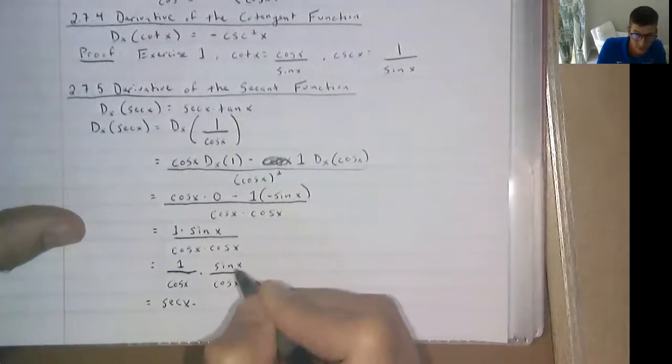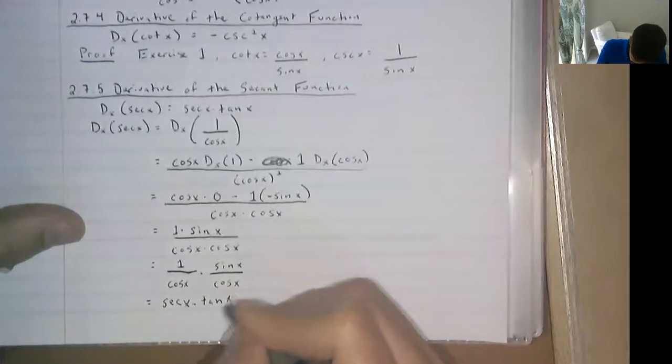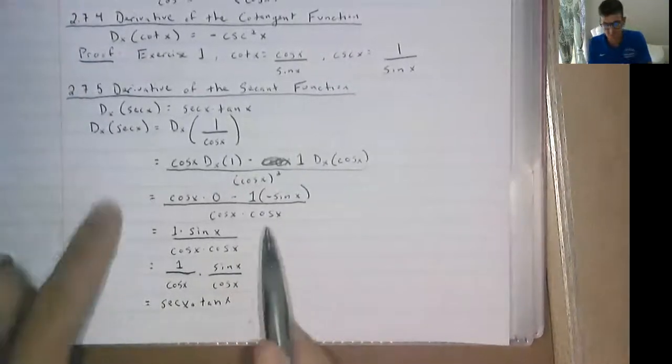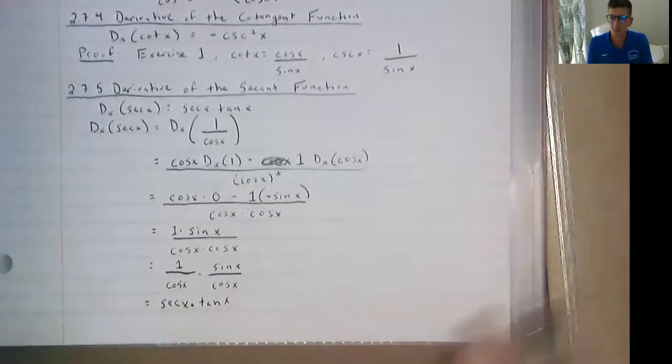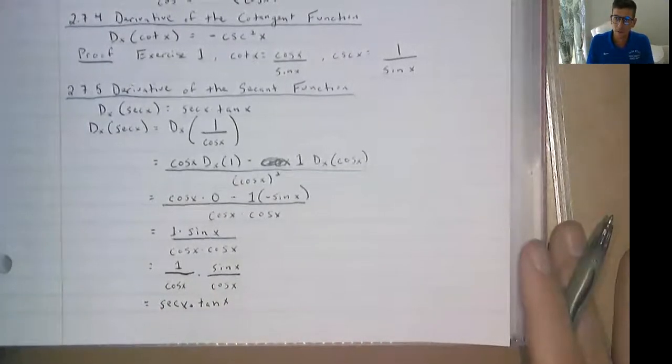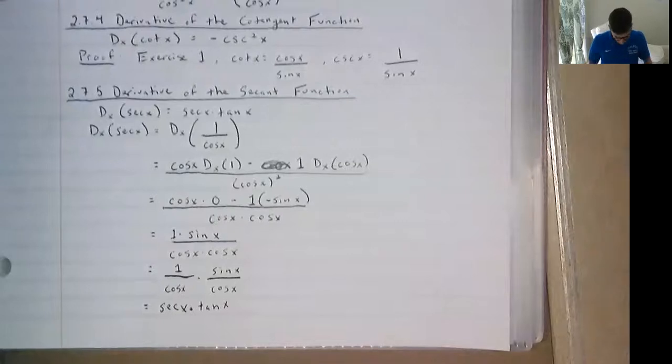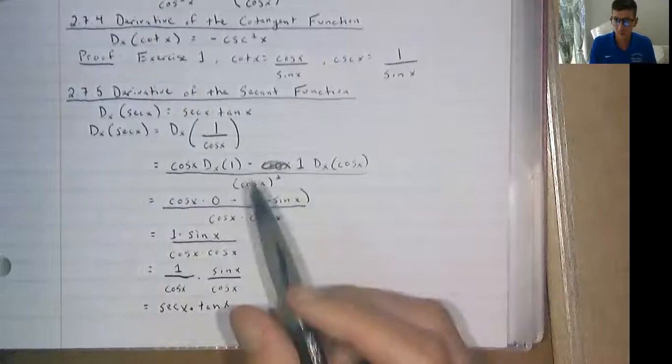And what's the sine of x divided by the cosine of x but the tangent of x? And so we have shown that the derivative of the secant is the secant times the tangent. Pretty cool. And then the final one, we're going to do a similar deal, and I'm not going to prove it. But if you followed this proof, you should be able to do it. And in fact, I will ask you to do it on one of your homework exercises.